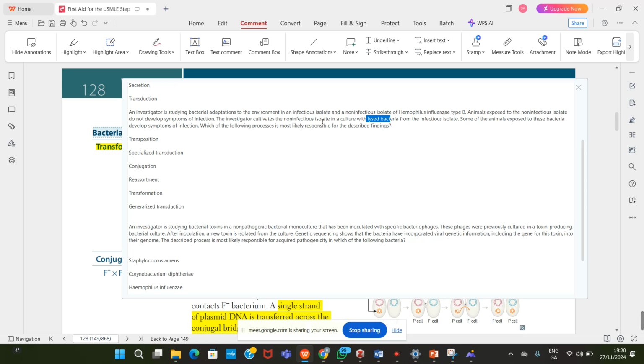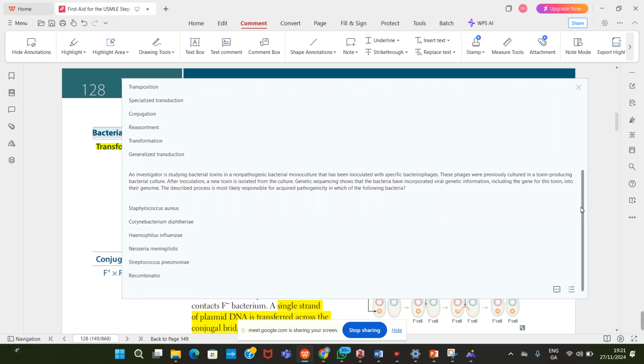Immediately after that, some of the animals exposed to this bacteria start developing infection. That means the non-infectious isolate starts becoming infectious because they have received DNA from the lysed bacteria that has a tendency to cause infection. And that is what we expect for transformation. So that is that.